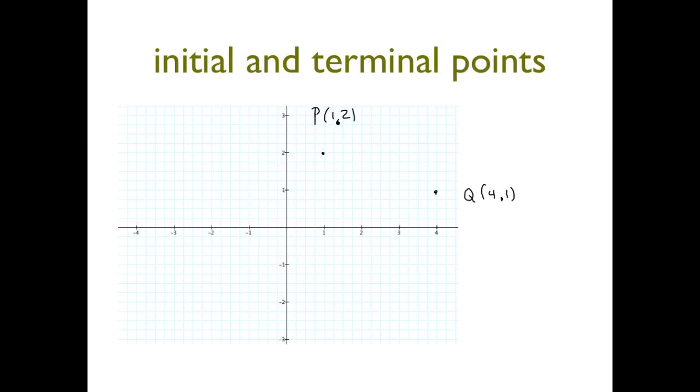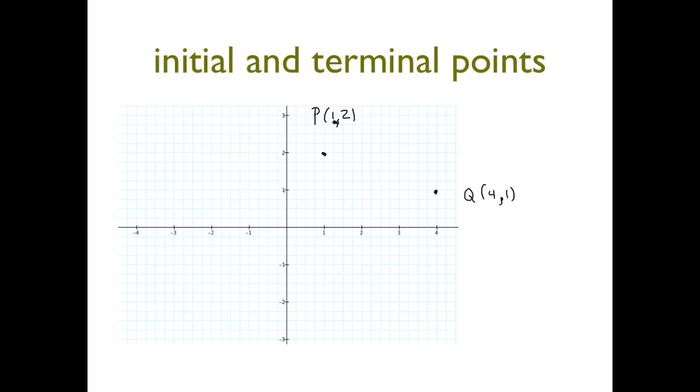Now, are these vector components? No, these are locations in the plane, right? So a point, if you have parentheses, you're just locating a point in the plane. Although coordinates do mean a change.